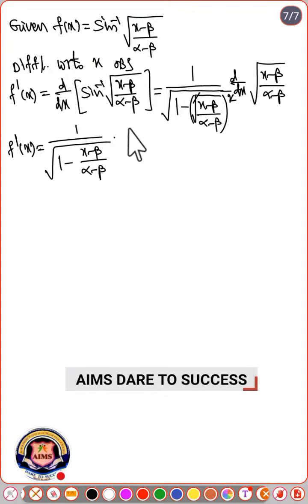D by dx of root x is 1 divided by 2 root x.